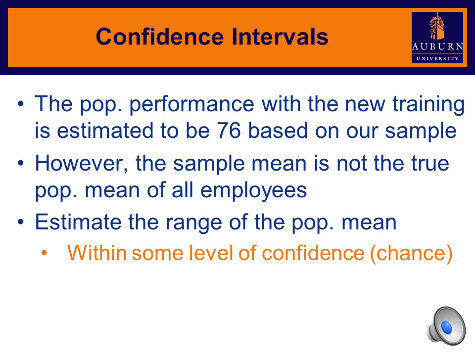If we were to implement it nationwide to all of our Applebee's employees, where could we expect the true population performance mean to fall with this new training? That will depend upon the range that we estimate. And of course, when we estimate this range, we want to indicate at what level of chance the population mean might fall within this range, and that's our level of confidence.